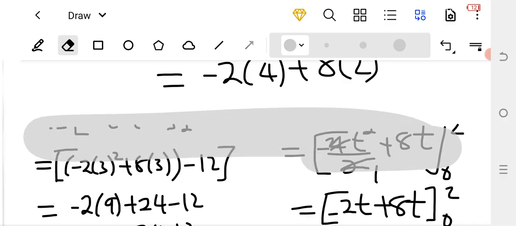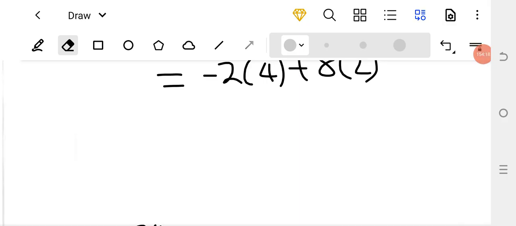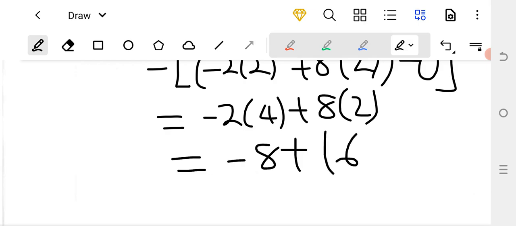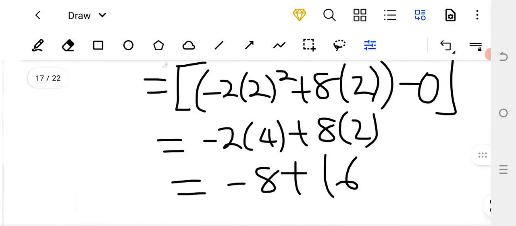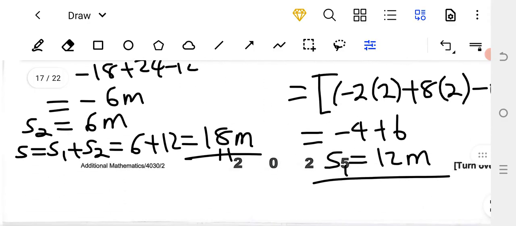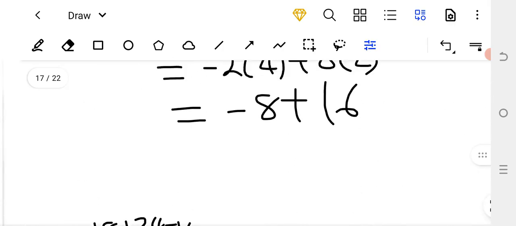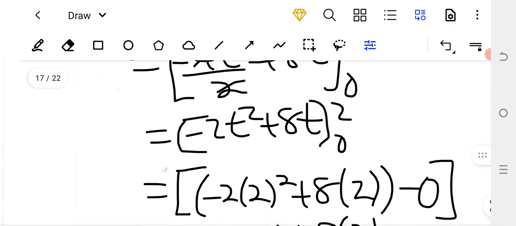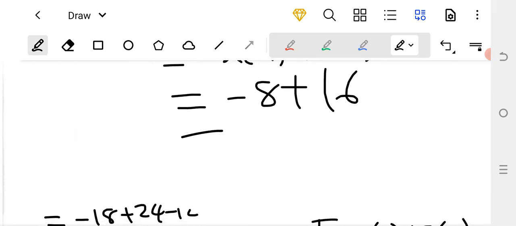We'll continue cleaning up. Then we're going to say it is equal to negative 8 plus what? 8 times 2 is 16. Let me see what we did here. t was 2, squared, so here we are supposed to have 8.